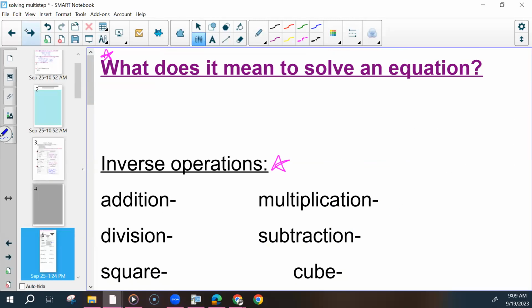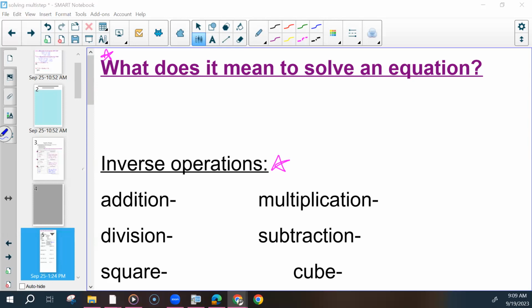Okay, now, I'm gonna ask this question, it's kind of like that question we asked at the beginning, but a little different. Now, if I ask you, what does it mean to solve an equation? What would you tell me? John, what would you say? Find the solution, okay.